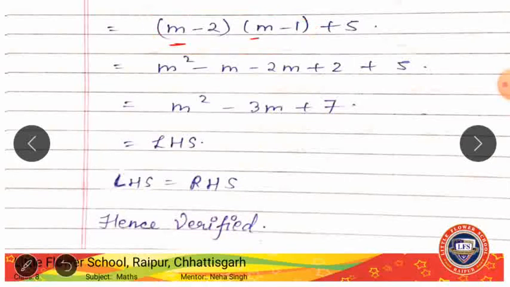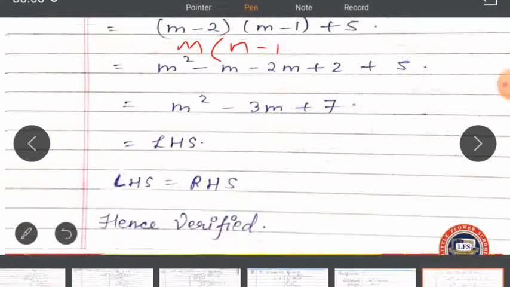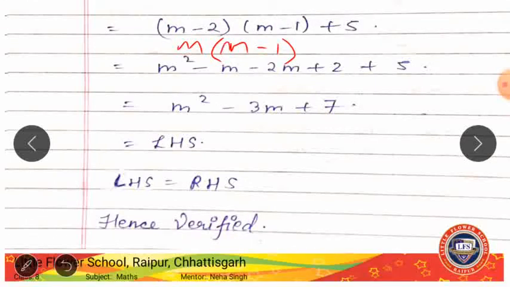This m will be multiplied with this m, giving m square. This m will be multiplied with minus 1, so minus m. Then minus 2 into m, minus 2m, and minus 2 into minus 1. We are splitting and then plus 5, right?